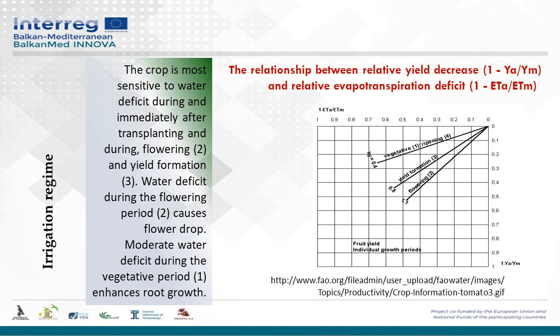And next to that, during the yield formation, which means during the intensive growth stage of fruits, the lack of water will keep the fruits from reaching their optimum size and their optimum weight. So, first by reducing the number of fruits per plant, and secondly by reducing the weight of individual fruits, it will have a significant negative effect on the expected yield.